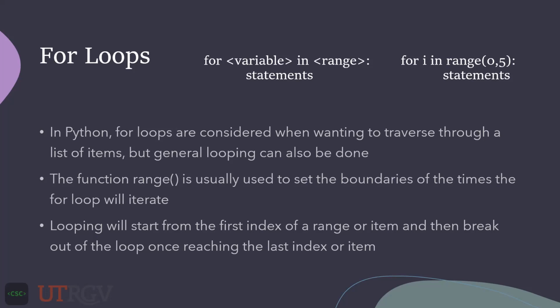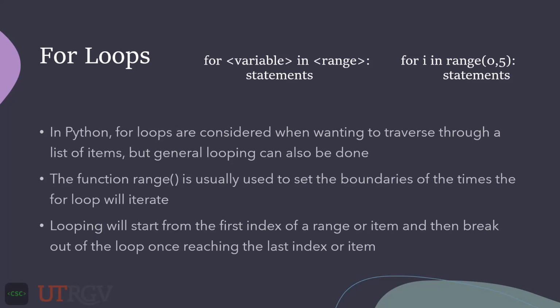Once you define that, you're going to use the same colon as if you were to do an if conditional statement. Colon, and implementation, and then everything inside of here, whatever statements you have, it's going to run. For this example, it's going to run 5 times: 0, 1, 2, 3, 4.